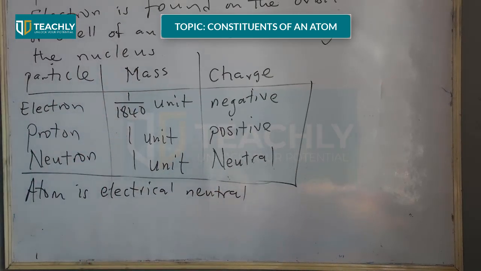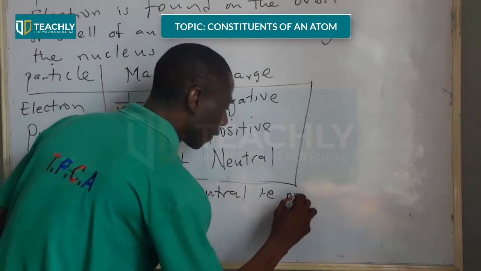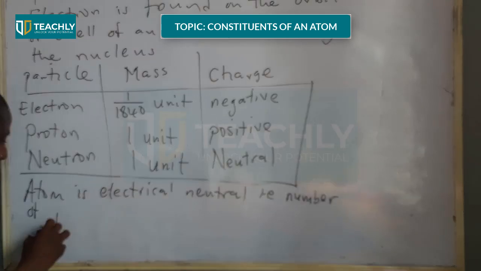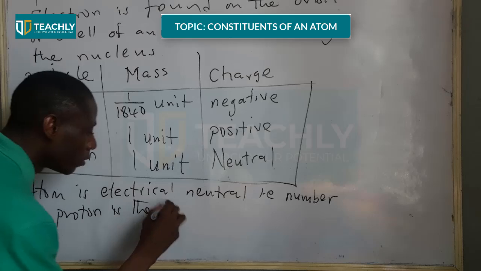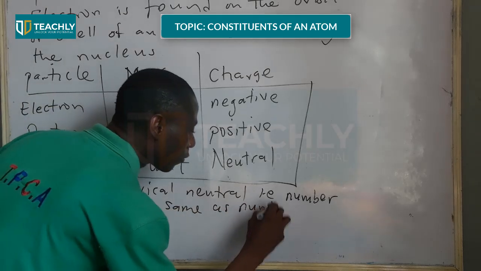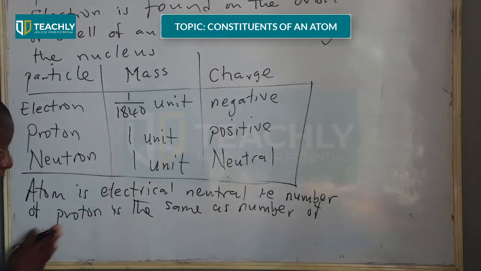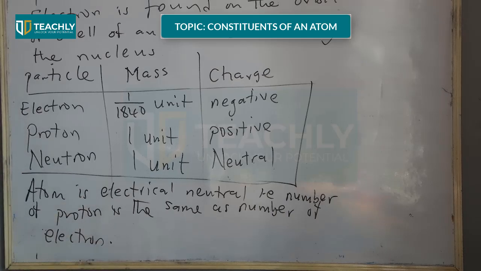We are saying the atom is electrically neutral, which means the number of protons is the same as the number of electrons.